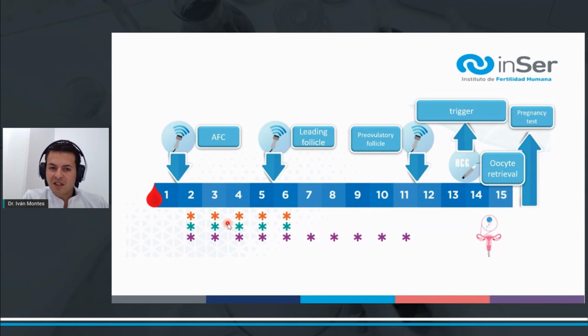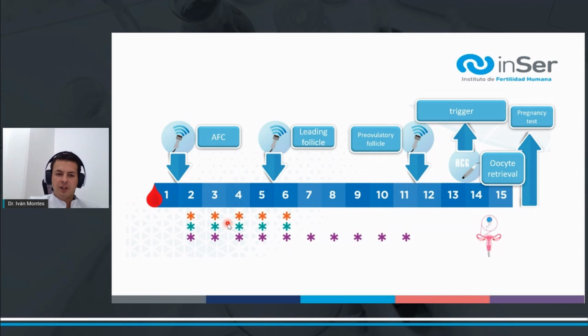So in this final slide of the presentation, I wanted to show a diagram of how we do the ultrasound follow-up of the patient when she's doing a treatment.